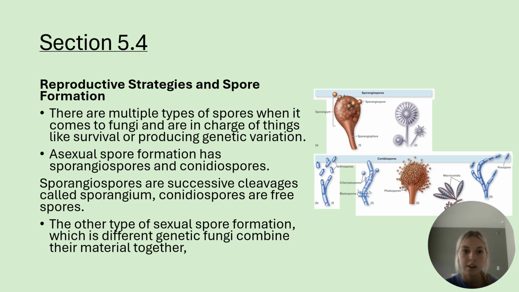To the right is an example of the multiple types of spores, the asexual spore formation and the sexual spore formation, showing some sporangium and conidiospores.